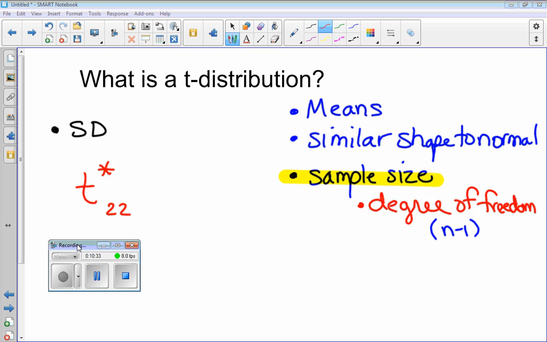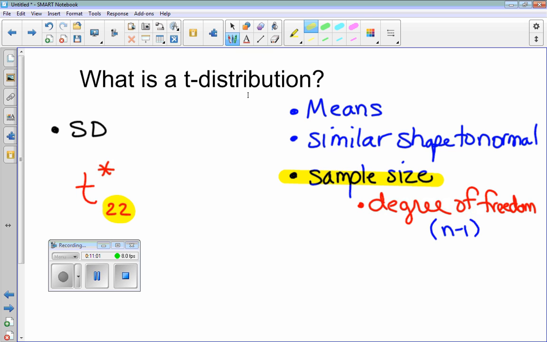T-star is like our Z-star. It's going to be our critical value with t-distributions specifically. But the degree of freedom is this number down here notationally, okay? So your critical value is dependent on your degree of freedom. That's where I was trying to go with that. So your degree of freedom is important to be able to figure out what your critical value is.